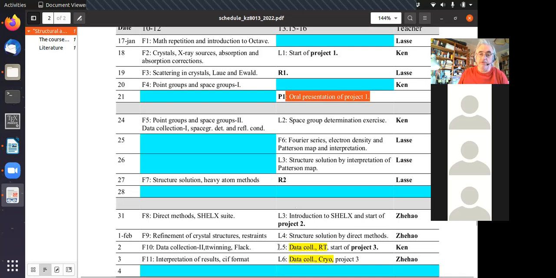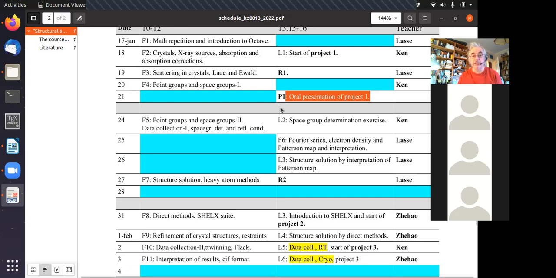So if you want to join us with some crystals, or we find you some crystals to deal with at a diffractometer, then you're welcome to Arrhenius lab. But that is beginning of February, yes.